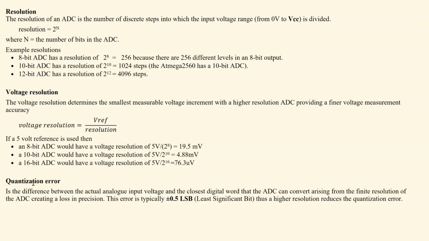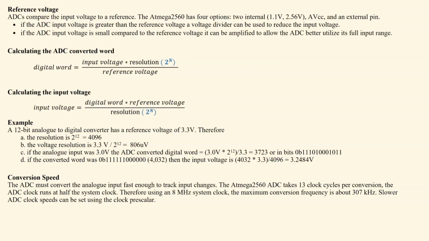As I described before, the quantization error is the difference between the actual analog input and the digital word that the ADC converts. The ADC compares the input voltage that you're converting to a reference voltage. The Mega2560 has 4 reference voltages: 2 internal, the analog power supply, and an external pin which can have the reference voltage applied.